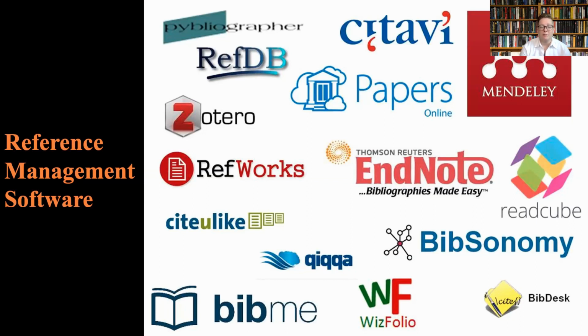Some of them do cost money or sometimes particular schools will give you access to it for free. I don't think CEGU does give you any access to one for free anymore, but take some time and figure out which one will work best for you. I'll tell you why I like Zotero the best, but it is possible to switch between these systems if you ever decide you want to.